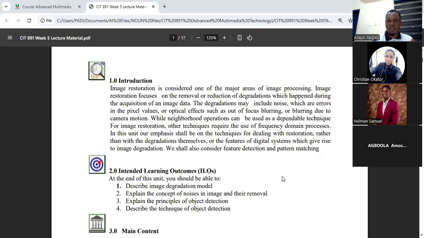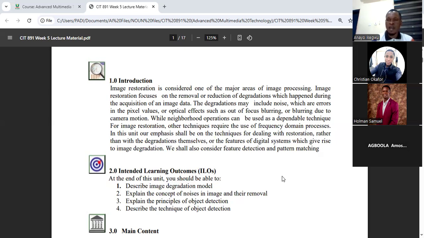What are we discussing here? We are trying to justify that perhaps during data acquisition, data capturing, take for instance, you want to snap someone. There's a tendency that the image may not be sharp, or may be blurred.